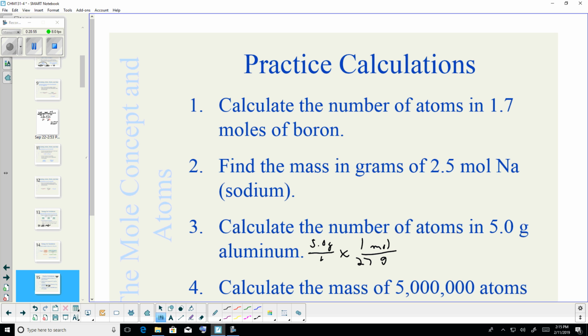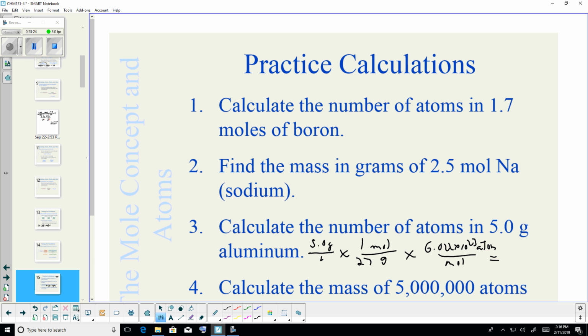Don't use approximations, and don't use the ones up here, because these go out a little bit further. So now we're at moles. 6.022 times 10 to the 23rd atoms per mole. So it's 5 times 6.022 times 10 to the 23rd divided by 27.